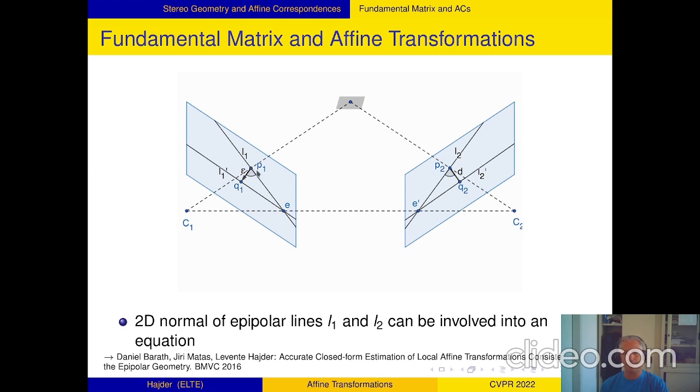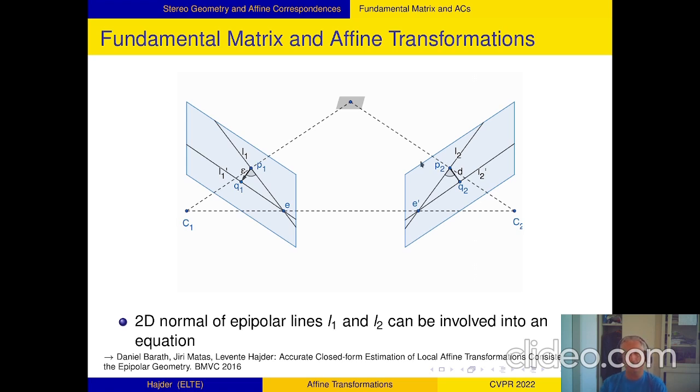Because if this epsilon is very small, then L2 prime is parallel or close to parallel to L2, so the section of length d is also perpendicular to epipolar line L2.